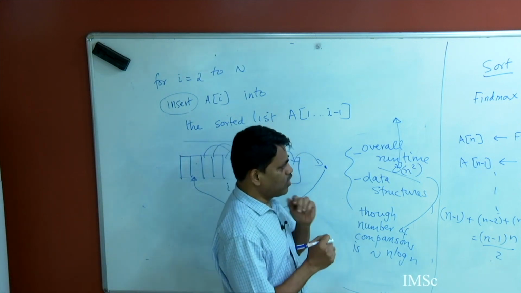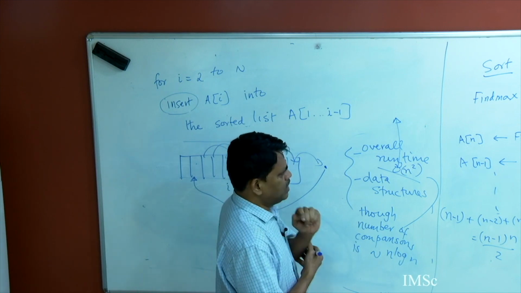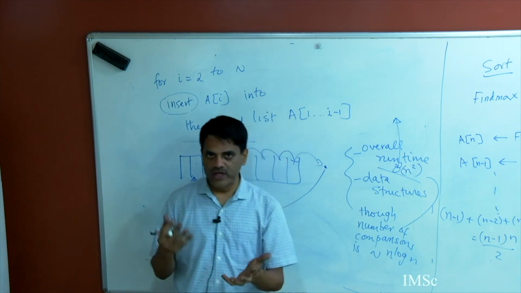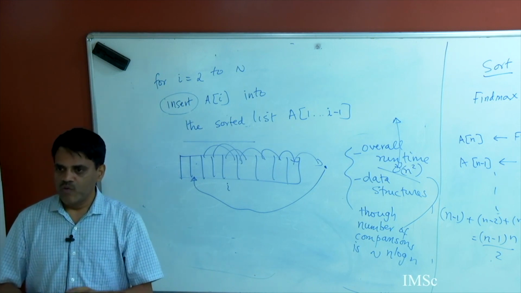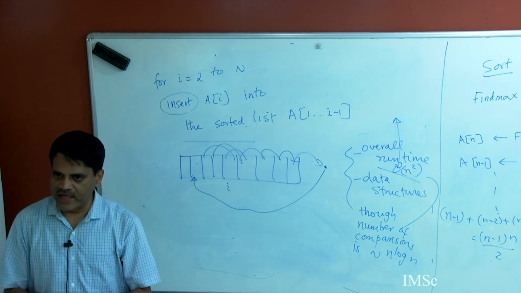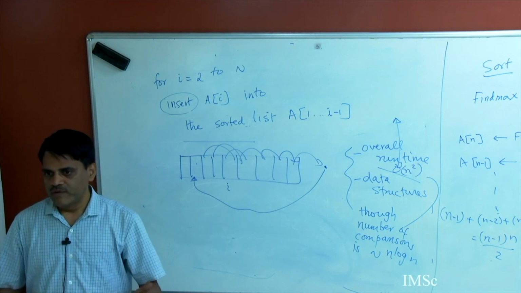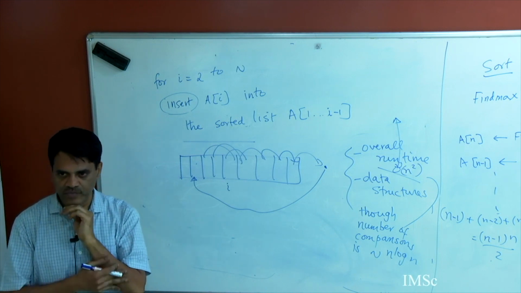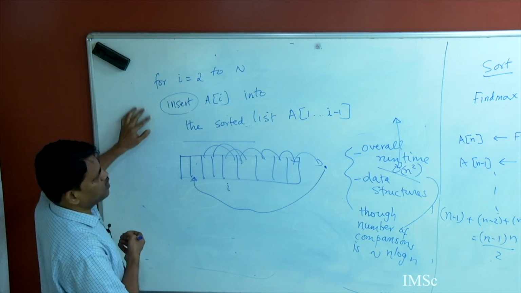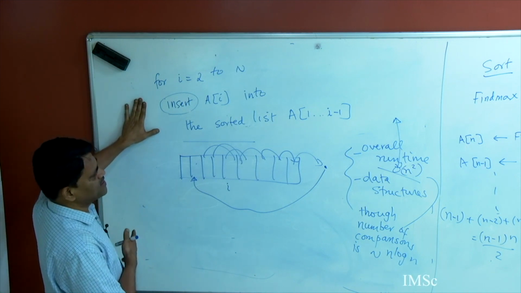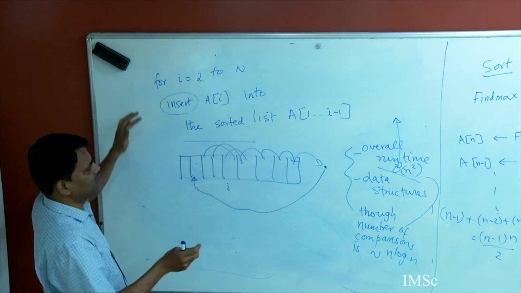So I've thrown a lot of things, right? We've seen one problem where we saw that if you sort B and then do something, you can get a big difference in the running time. I've given you a sorting algorithm where the number of comparisons is n log n, but something else is n square.